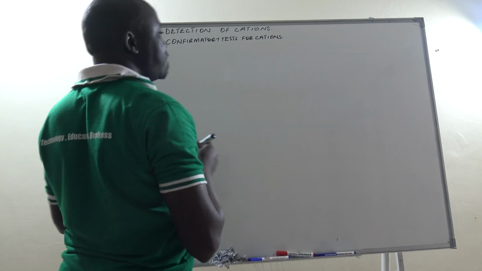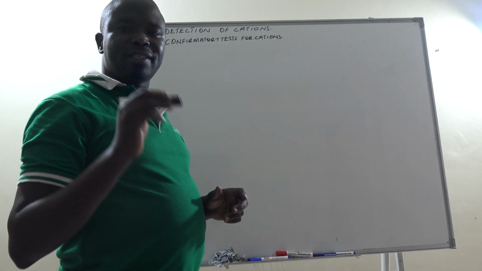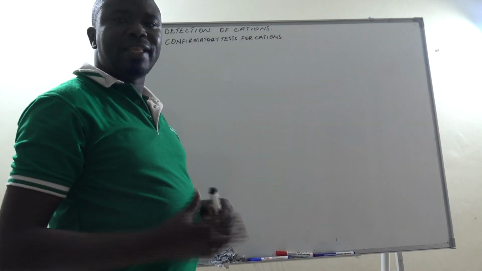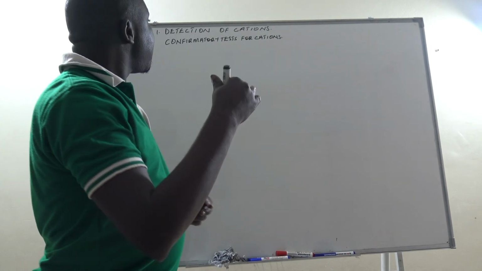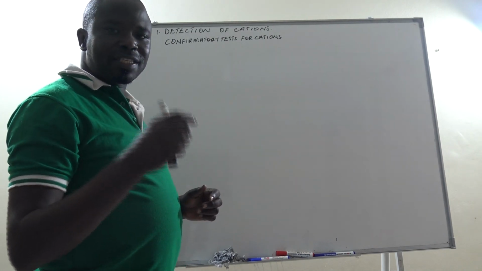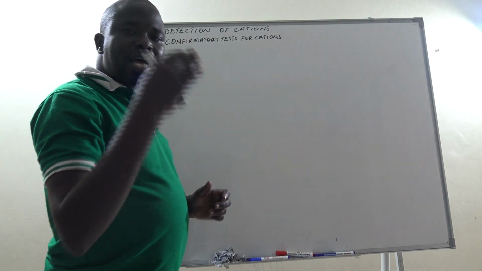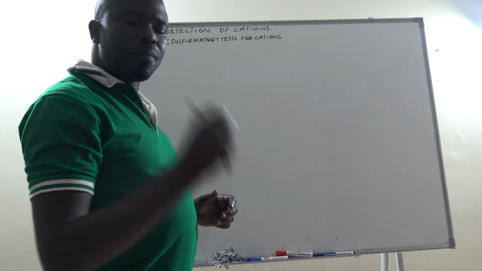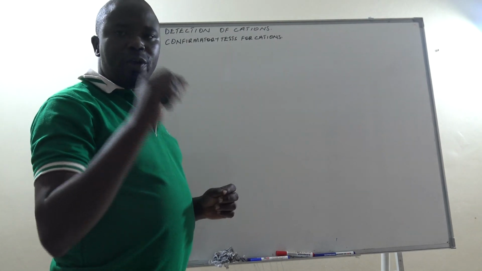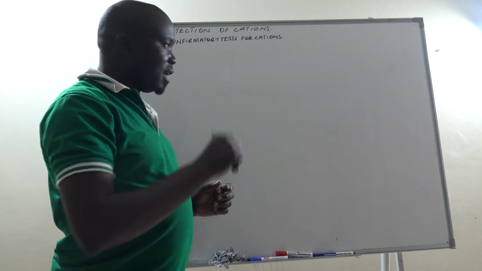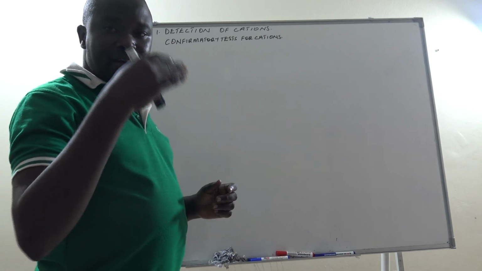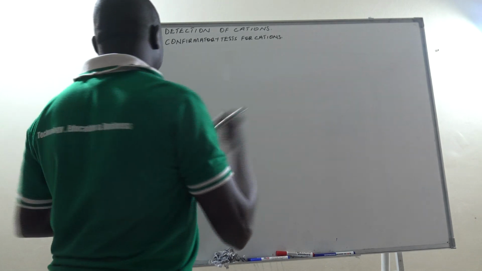So we have some few cations with some few confirmatory tests that they can bring in to confirm them, because they have some reagents and they make some observations which are not common to other cations. So we use those reagents and their observations as being their confirmatory tests.